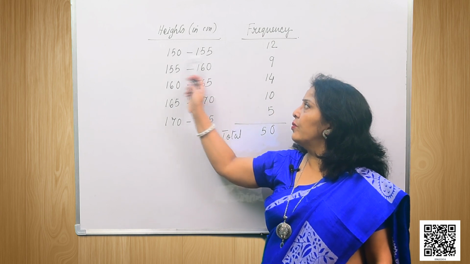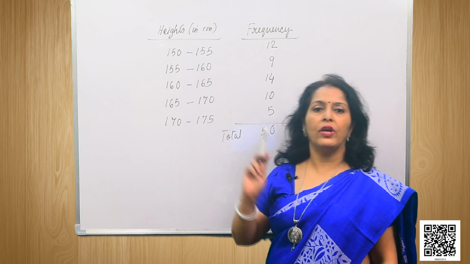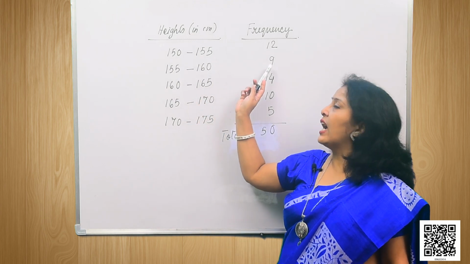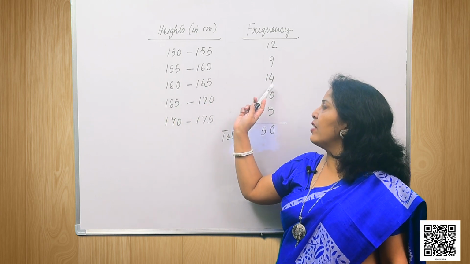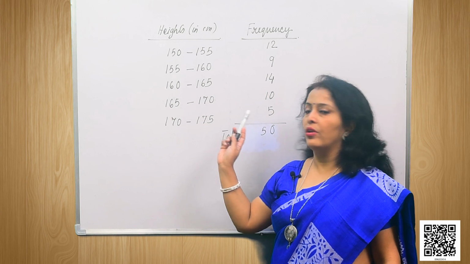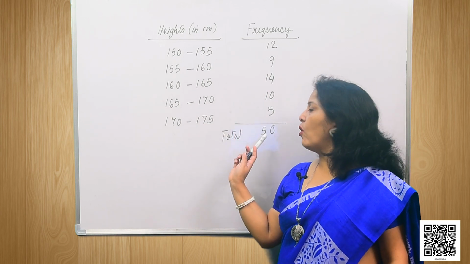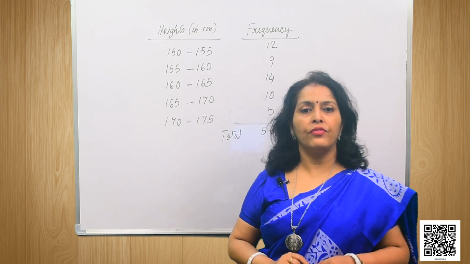Now in the group 150 to 155 I found a total of 12. Then 155 to 160 we have a total of 9 children, and between 160 to 165, 14 children, and so on. Here also, to be sure, I have added them all and got 50, as in the question it is given there are a total of 50 students.